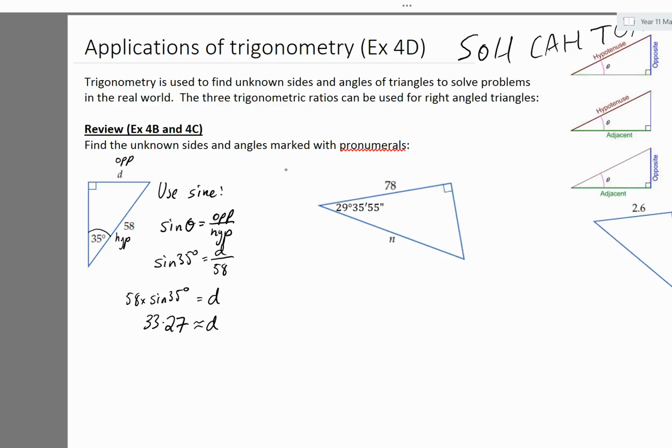Do another example here. We've got an angle in degrees, minutes, and seconds. Remember, degrees, minutes, and seconds is just another way of dividing angles into smaller parts. There's 60 minutes in a degree and 60 seconds in a minute. I'll do the same thing from this angle. This is the adjacent side, and this is the hypotenuse. Looking at my rules, I'll use cosine.